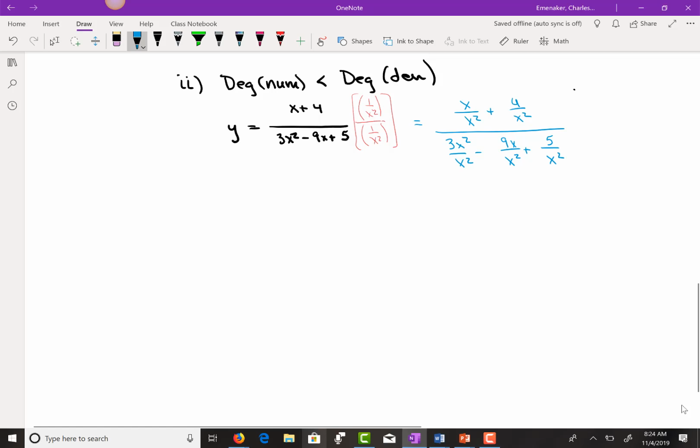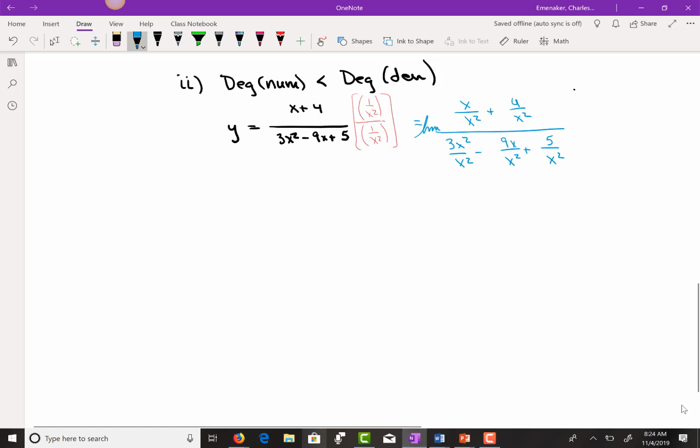Now, we've got that done, and now what do we apply to this function? Well, if we're interested in horizontal asymptotes, we're concerned about where this thing is behaving way out on the ends, aren't we? To get way out on the ends, you apply the limit as x goes to infinity or negative infinity. Does that make sense?